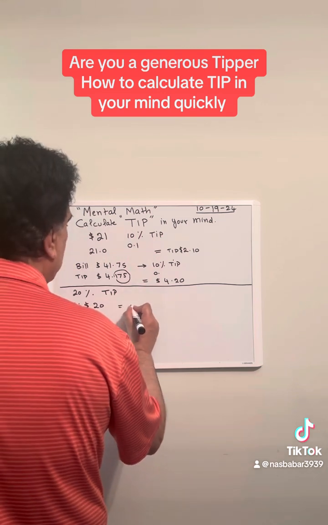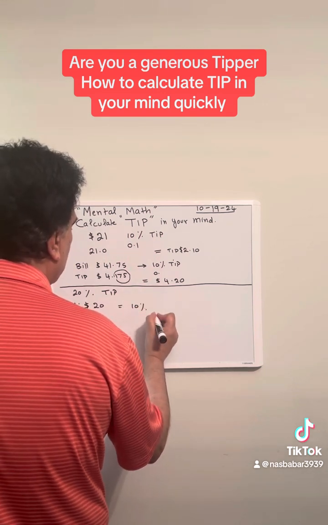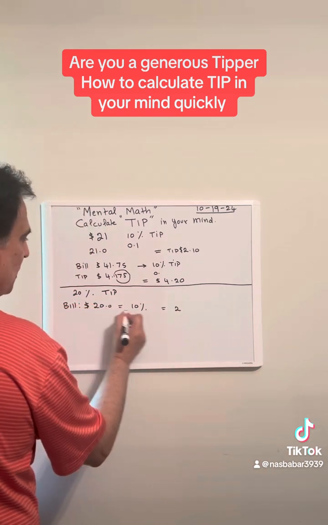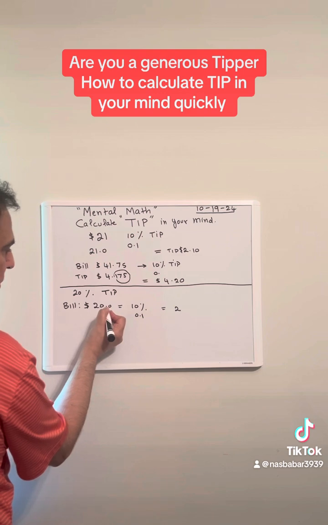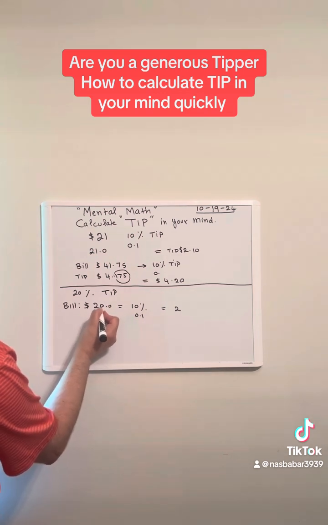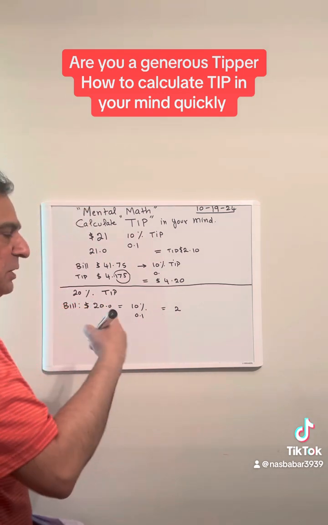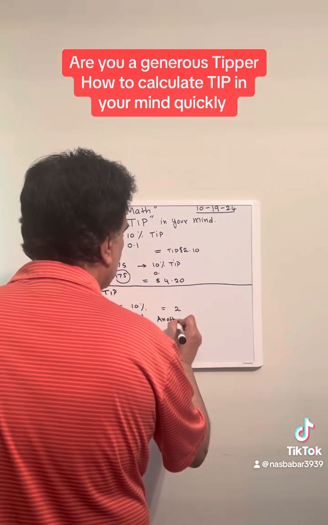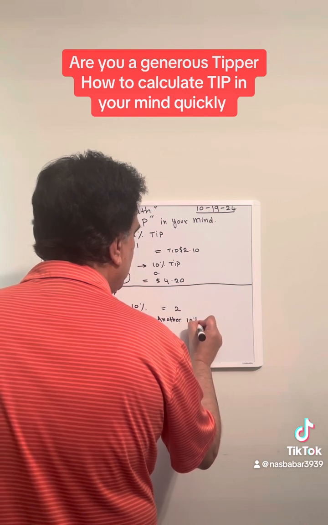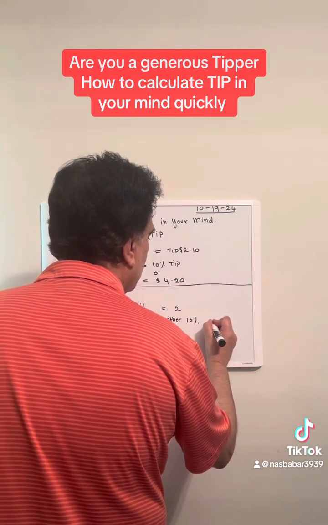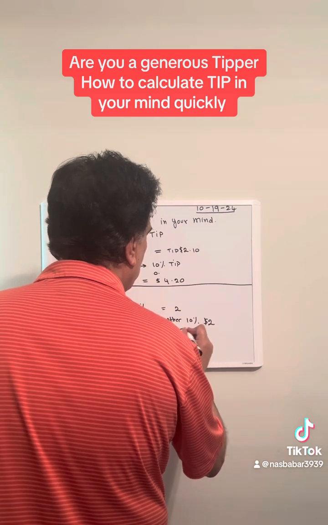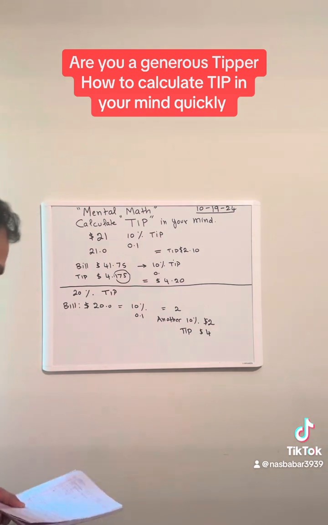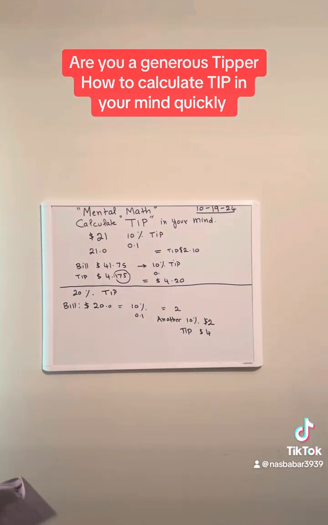So the 10% of this right away I know is $2. Why? Because remember I told you 0.1, you shift the decimal 1 to the left. So $2, and then 20% means another 10% will give me another $2. So then the tip would be $4. So how's that? Pretty neat, pretty smooth, quick and easy.